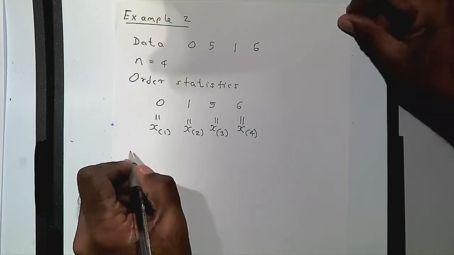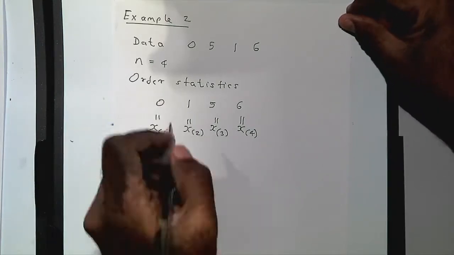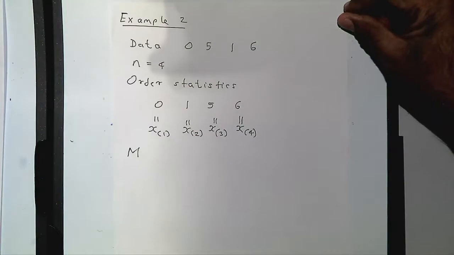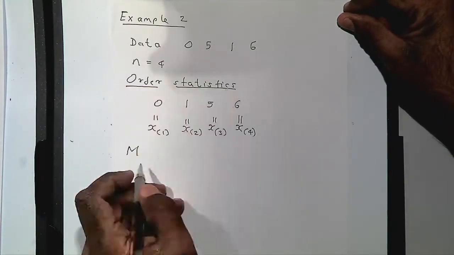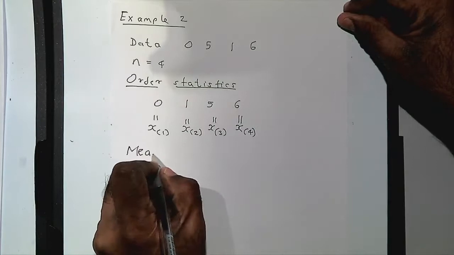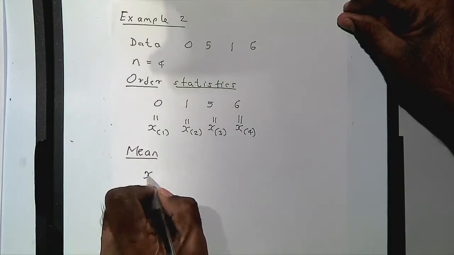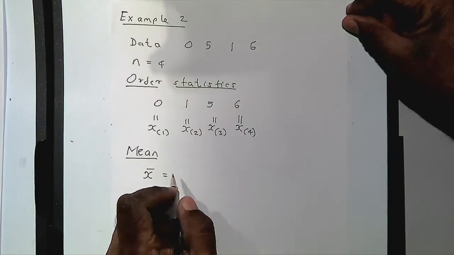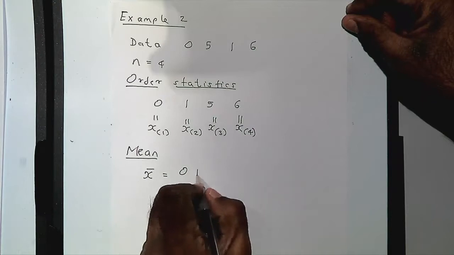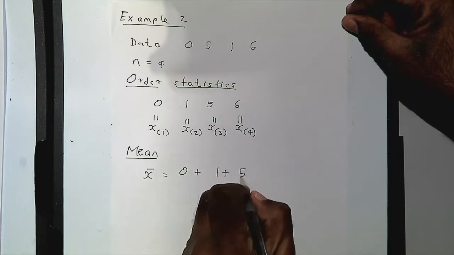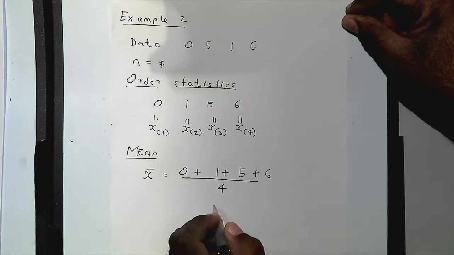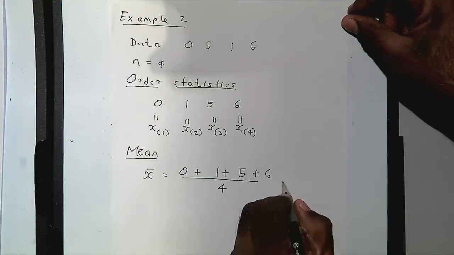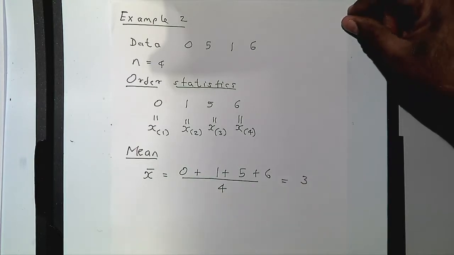So the mean is x bar, the average of the data points, so it's going to be 0 plus 1 plus 5 plus 6 divided by 4, which is 3. Okay, so the mean is 3.